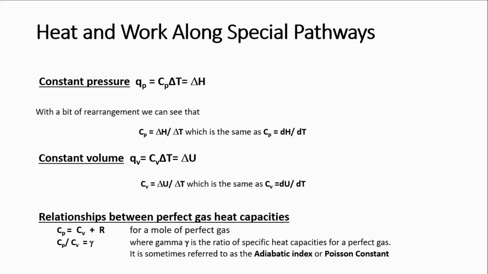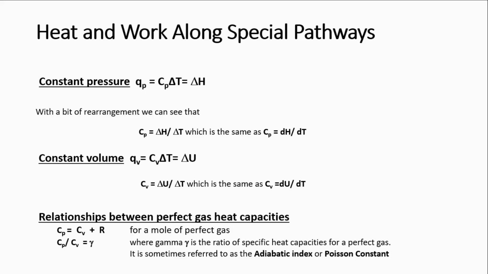And then we have some other useful information here, at the bottom, which shows that Cp is equal to Cv plus R, and that's a way in which you can convert between Cp and Cv.